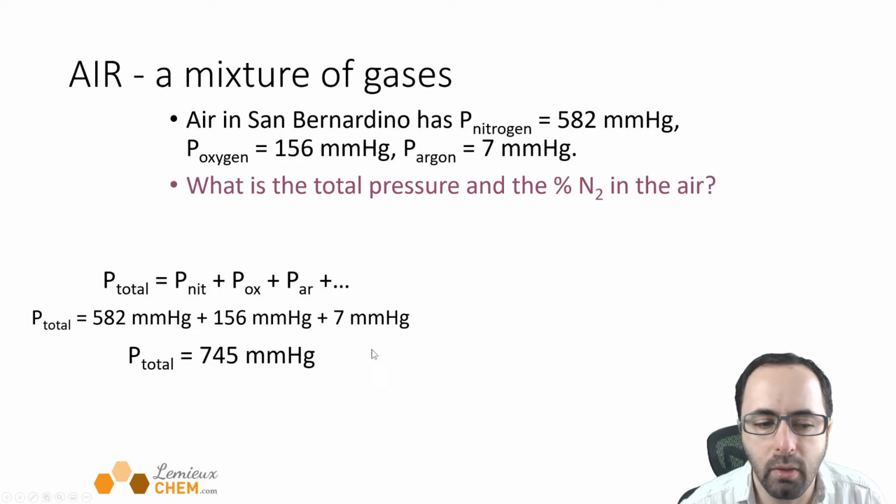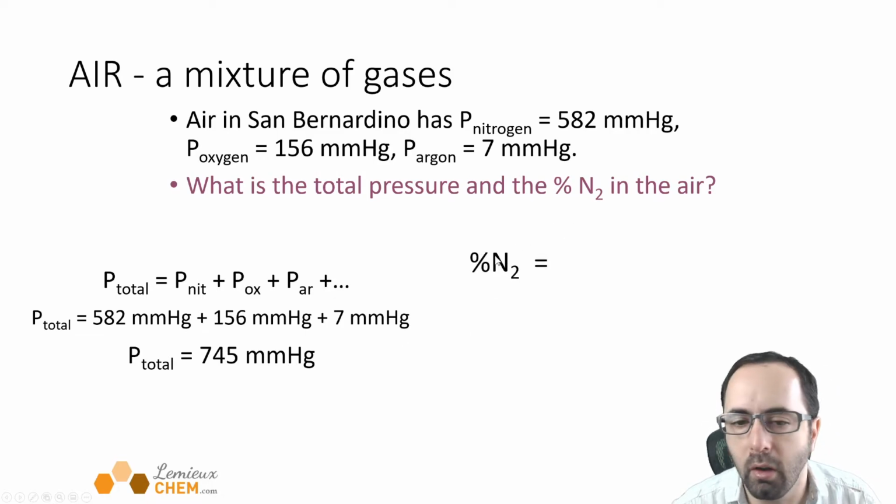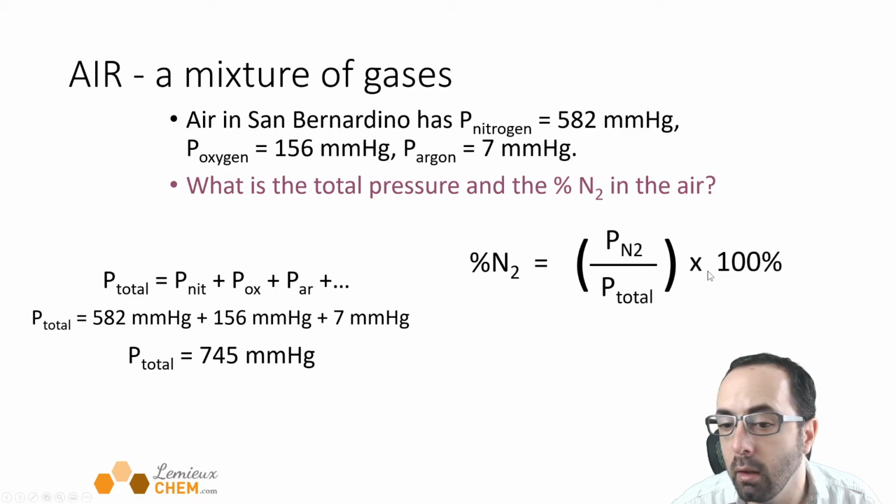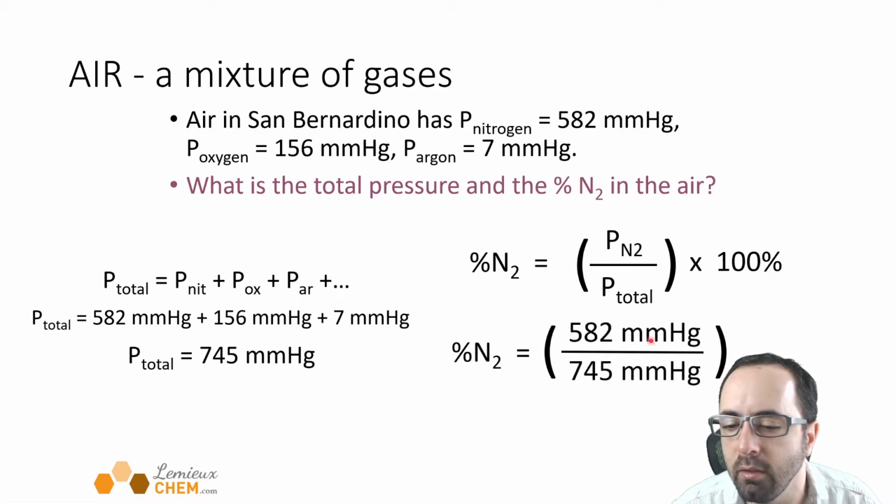So if we want the percentage of nitrogen, we take the pressure that is due to nitrogen, 582 millimeters, and then divide it by the total pressure times 100%. So for the partial pressure of nitrogen, we plug in 582 millimeters mercury, and for total pressure, we plug in 745 millimeters mercury.